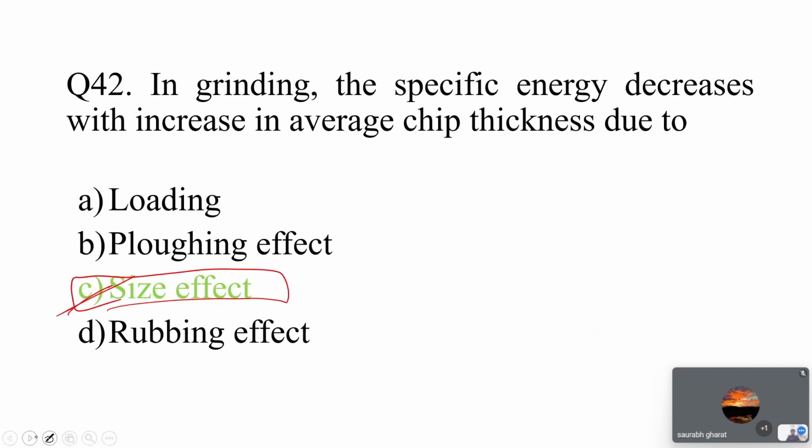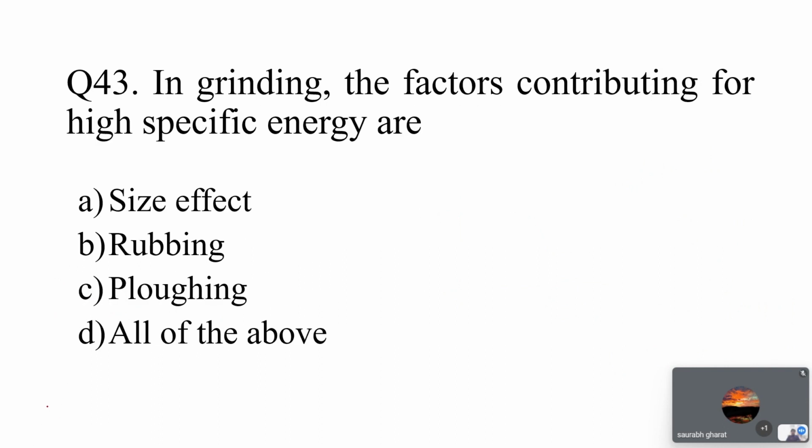In grinding, the factors contributing to high specific energy are what? What are the things that cause the high specific energy in the grinding process? Size effect, again I told you, due to which the force required for cutting is very high.